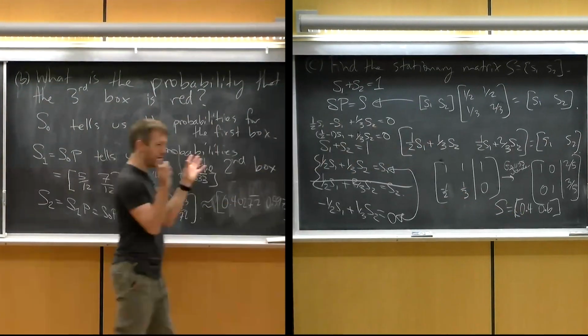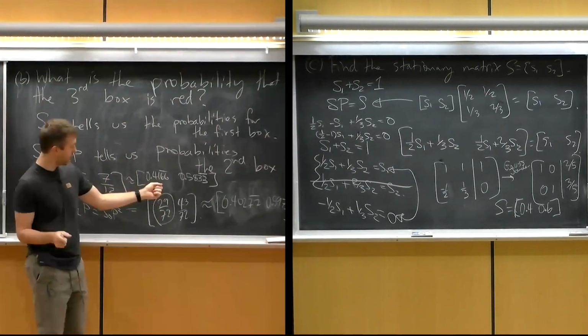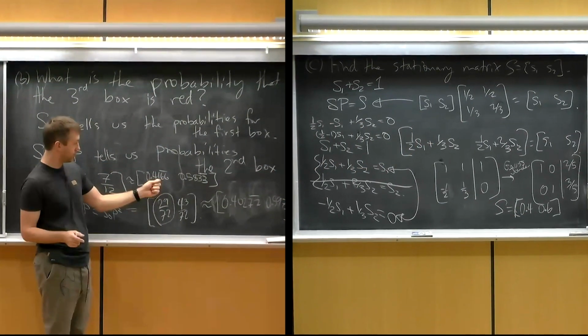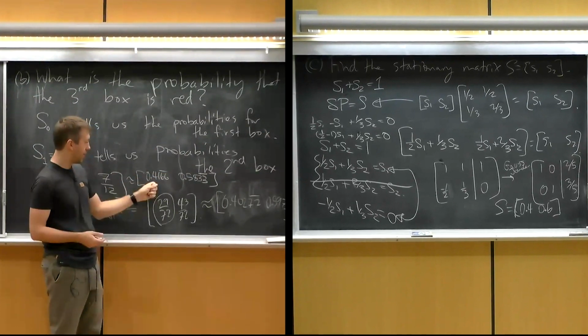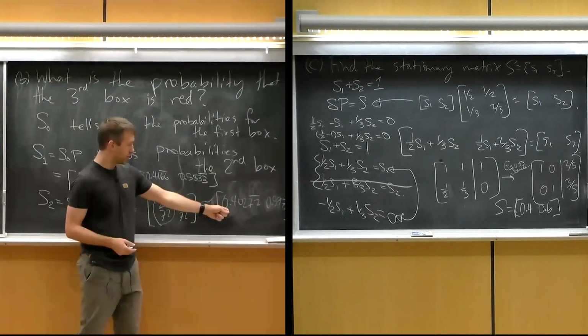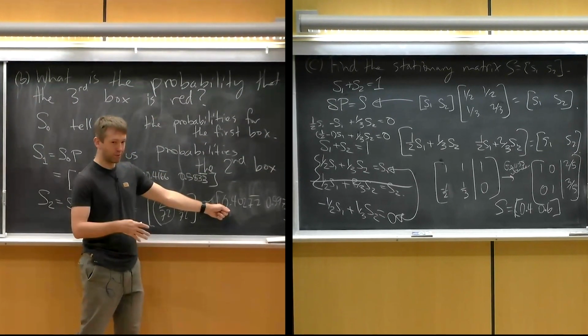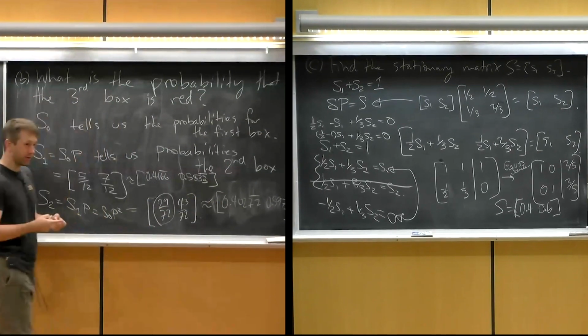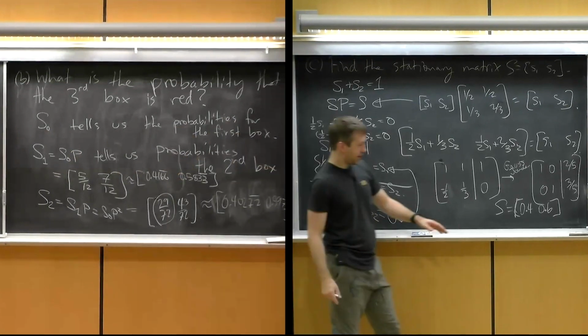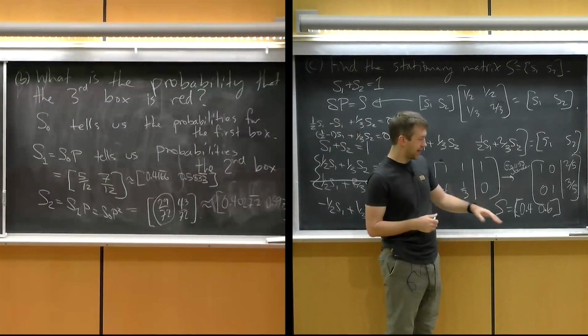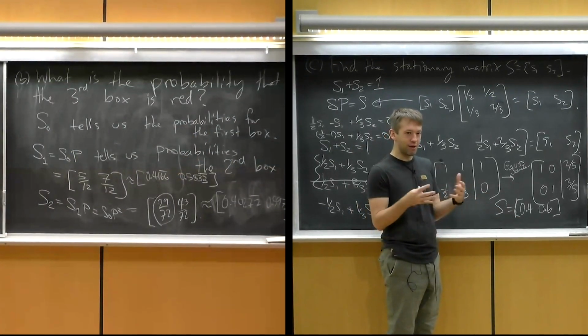So we started at 0.5, 0.5. We then got to 0.4166 repeating, and then we got to 0.40277 repeating. If you applied the matrix again, it's going to get even closer to 0.4 and 0.6, and then even closer and closer. I guess that justifies why this is the long-term behavior, right?